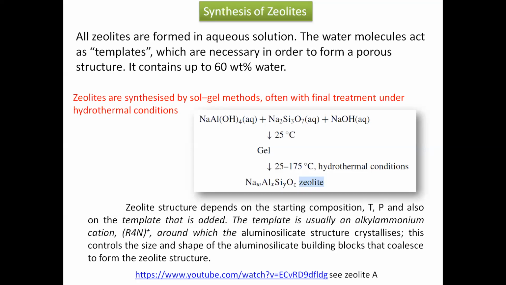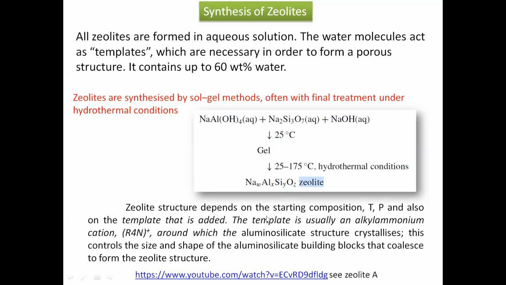Here is an example: sodium aluminum hydroxide and sodium silicate and NaOH. At 25 degrees, if you mix them, you get a gel. And if you heat this gel to about 150 degrees centigrade, you get zeolite.